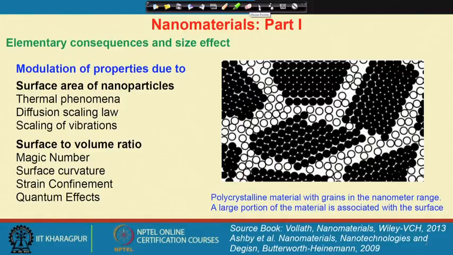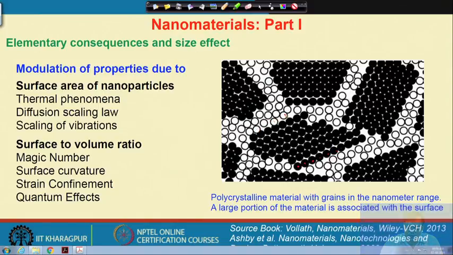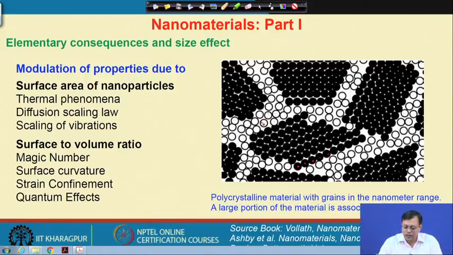Now, if you look at a microstructure of a bulk nanostructured material, you see here these are, let us say, 5 or 10 atomic layers arranged in a crystalline form, and these are the neighboring nanocrystalline grains. But an interesting point here is that the black grains are in the lattice and the surface atoms are represented with the empty, white ones.